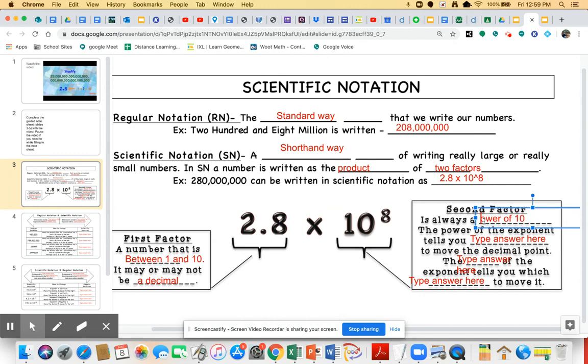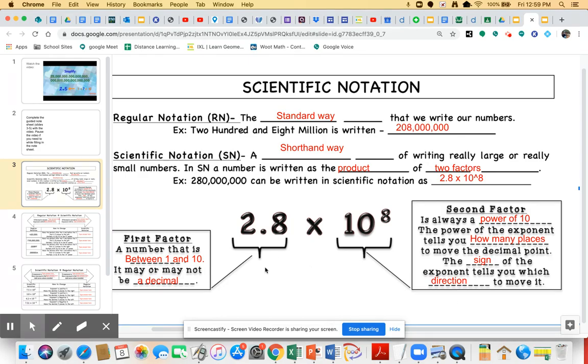The exponent, the power, tells us how many places we're going to move the decimal point. The sign, whether it's positive or negative, is the next part. The sign of the exponent is going to tell us which direction we move it. We'll talk a little bit more about that on the next slide.